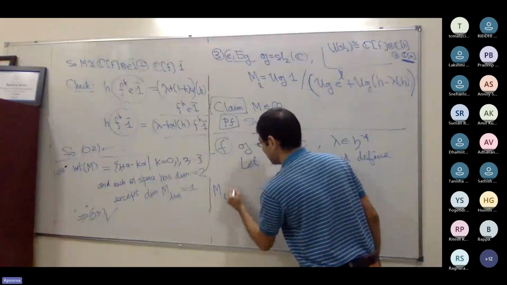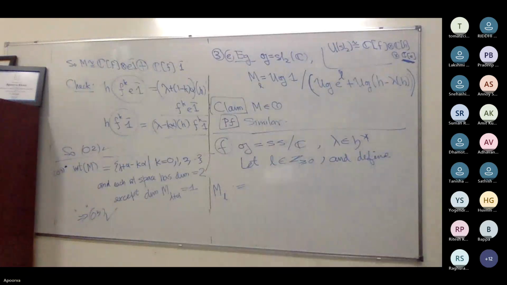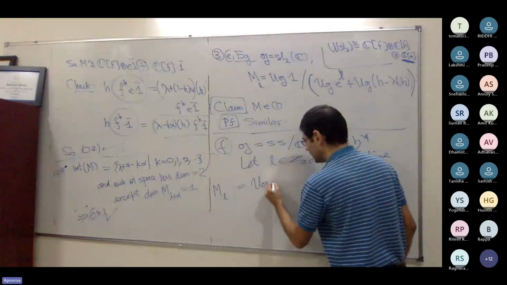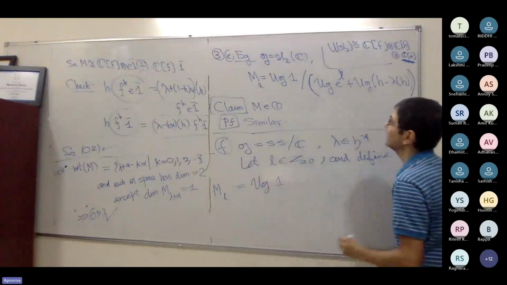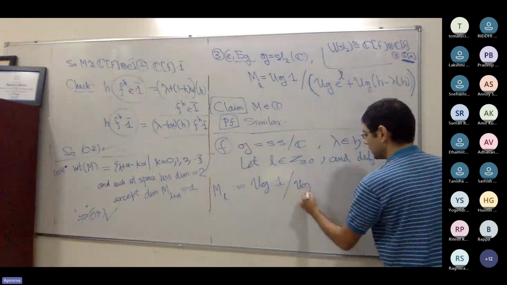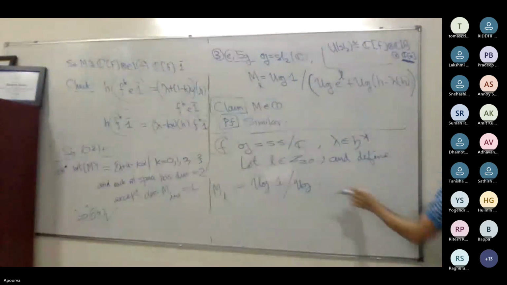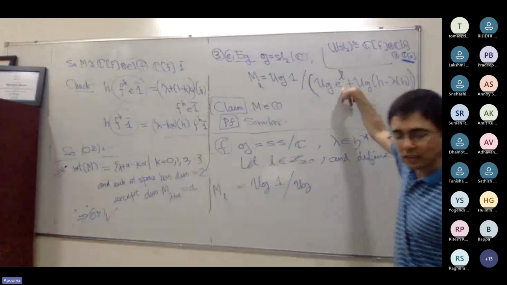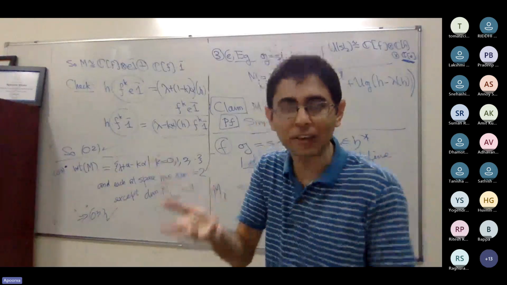Then consider the module and define M_L to be generated by one vector, so this is certainly finitely generated. It's going to be killed by the following.